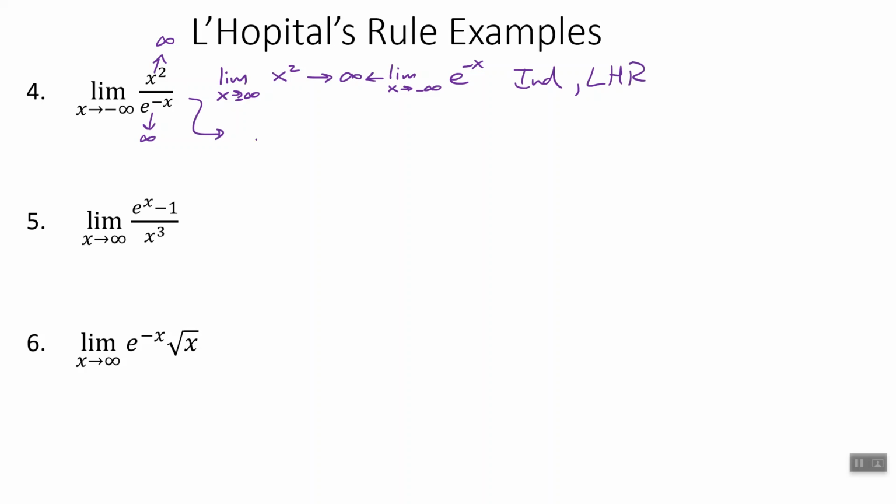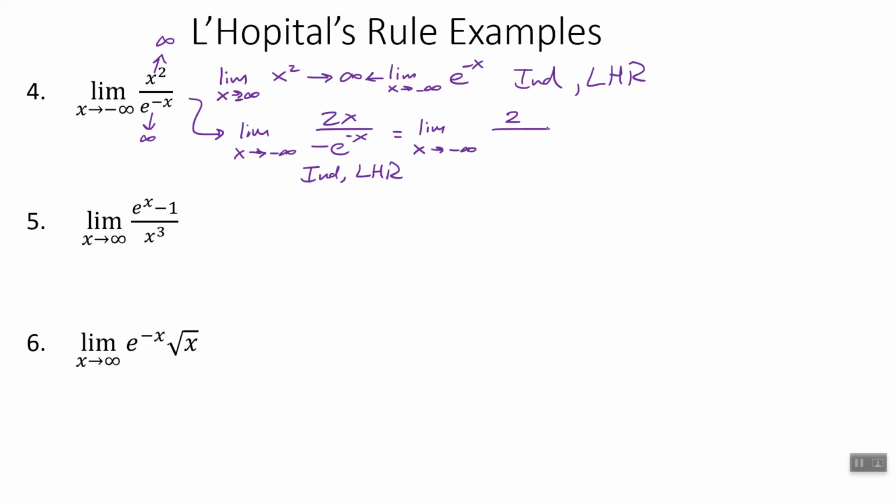So we get that this guy is the limit as x goes to negative infinity of 2x over negative e to the negative x. Now, if we take this limit again, it's still going to be indeterminate. We still have infinities, now negative infinity on top and negative infinity on the bottom. We're going to keep using L'Hopital's rule. We're just going to keep doing it again. You can do this as many times as we need to.